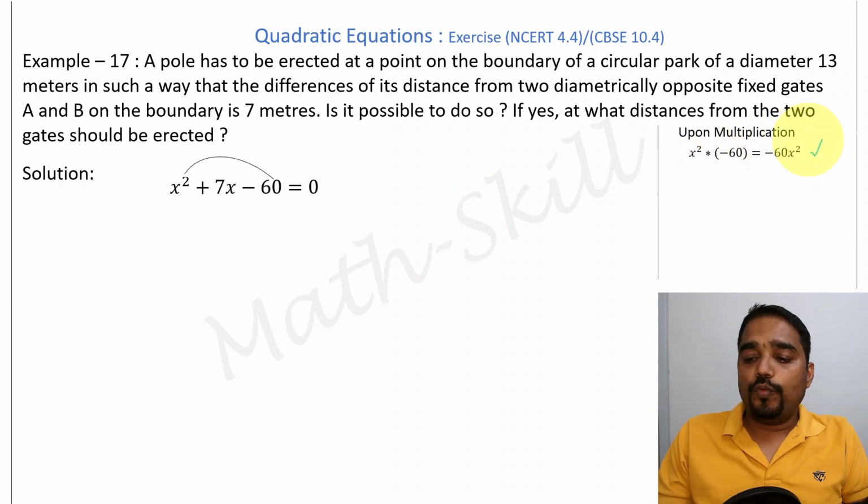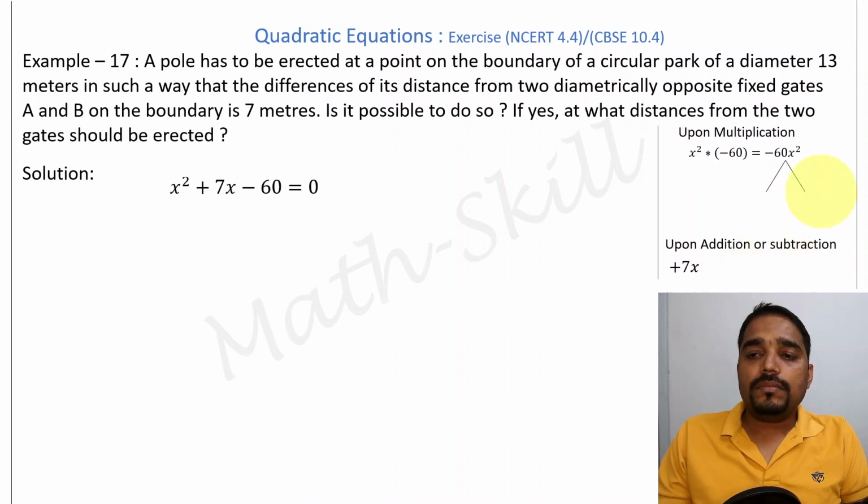The two factors we select, upon their multiplication we should get minus 60 x square. Also the middle term, plus 7x, we should get upon addition or subtraction. To satisfy this condition, 12 fives are 60, 12 into 5, and 12 minus 5 we would get 7.